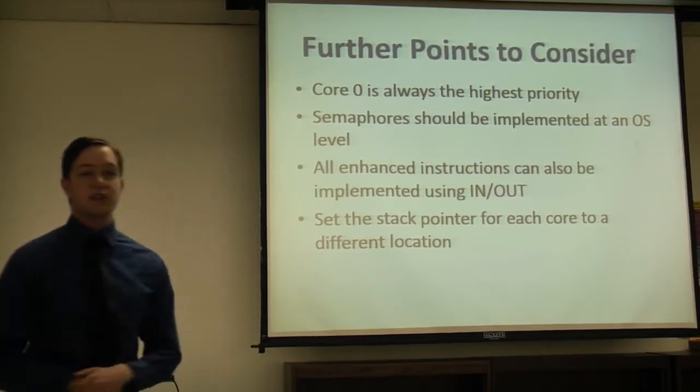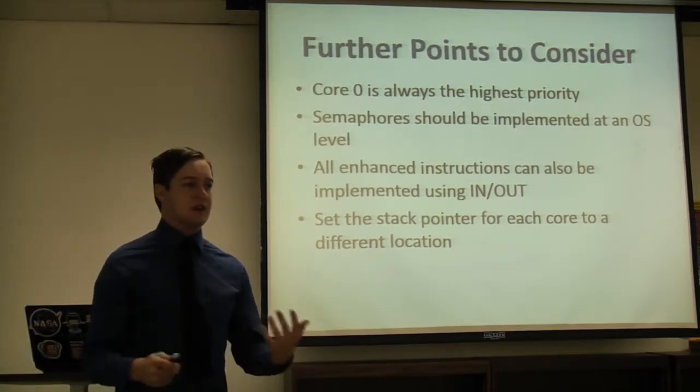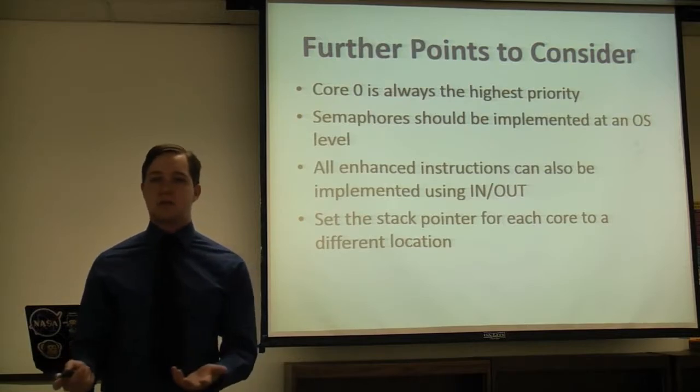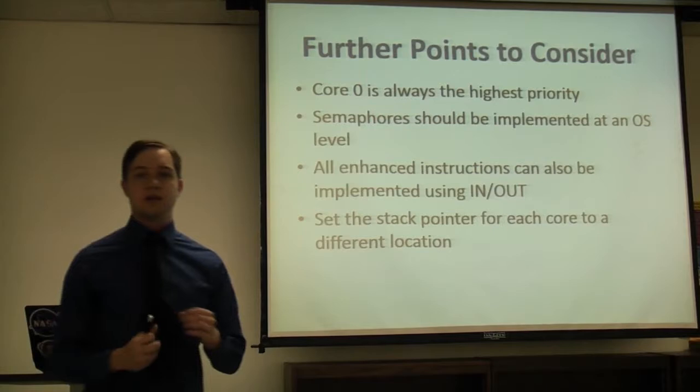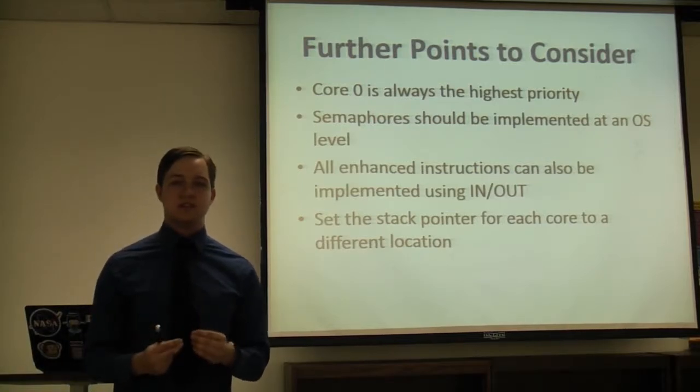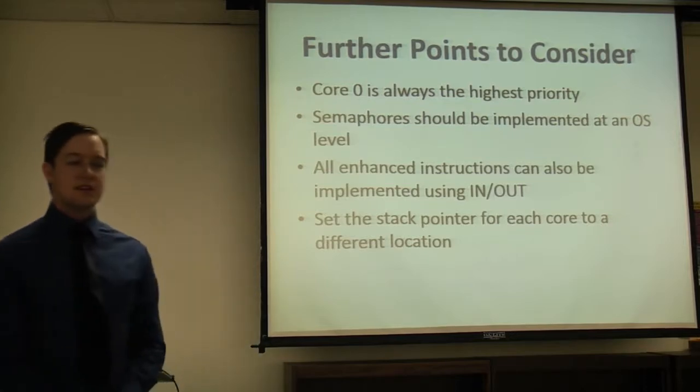All enhanced instructions can also be implemented with in and out instructions because they implement the memory mapped IOs. And always remember to set the stack pointer of each core to a different location, otherwise they will override each other's stacks. It's a good thing to consider.